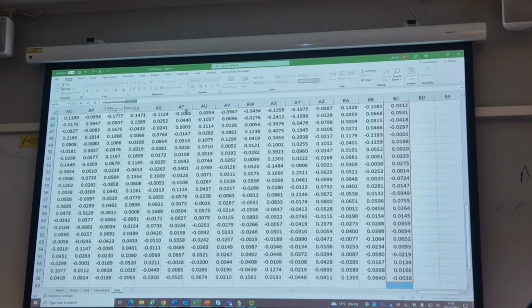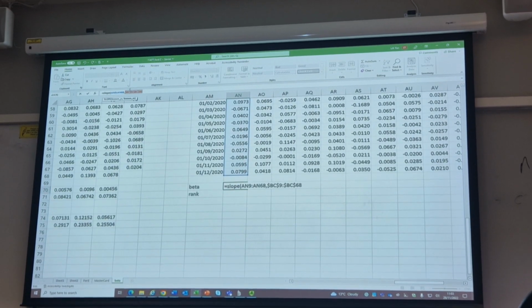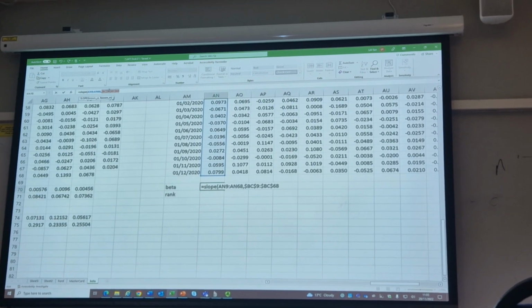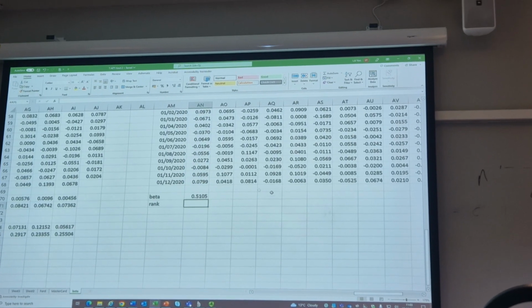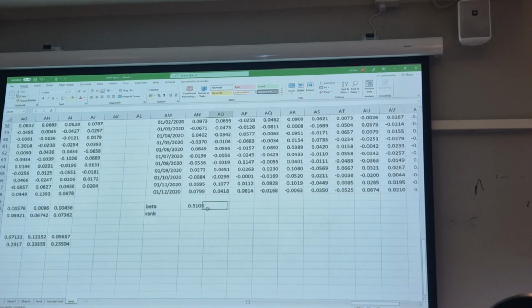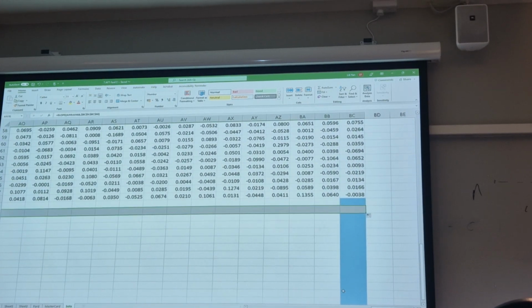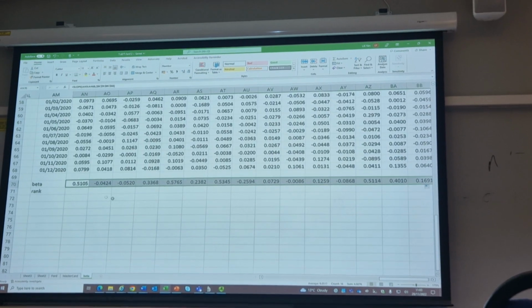In this case, we can just press F4, and we can see we have a dollar sign in front of the column letter and the row number. And then drag it to the right-hand side. So we got the beta for all these stocks.